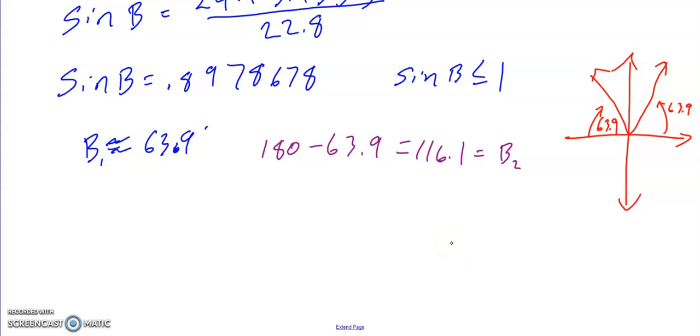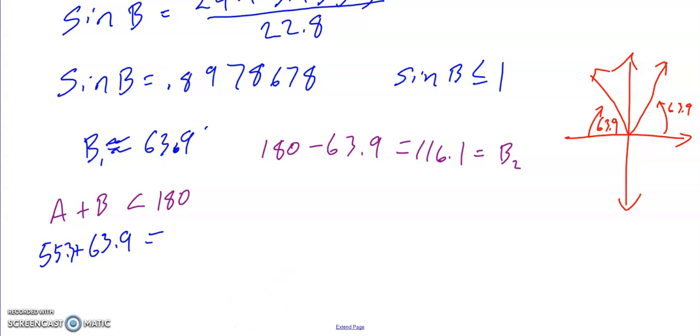Now the question is, are these both good angles? Well, we know this one is. My final check is to see if these are both viable angles: if we add angle A plus angle B, it needs to be less than 180 degrees because we need some room for angle C. So for my first one, 63.9 plus angle A, which was 55.3.